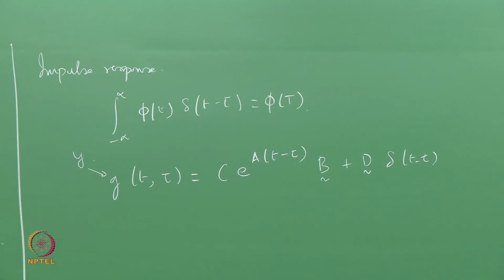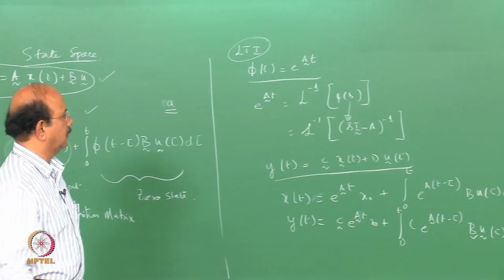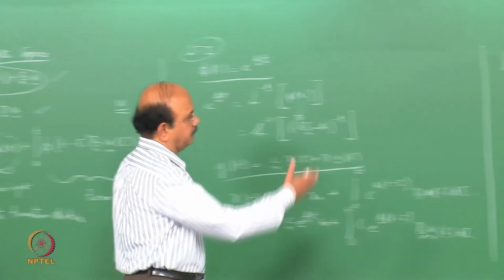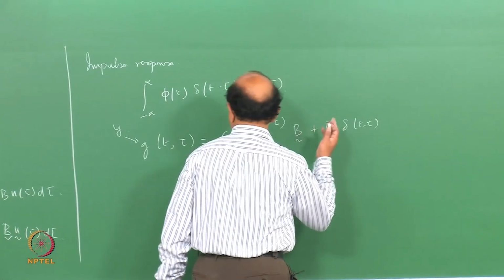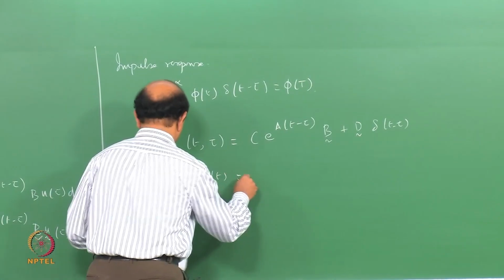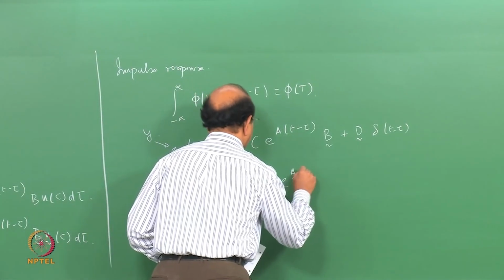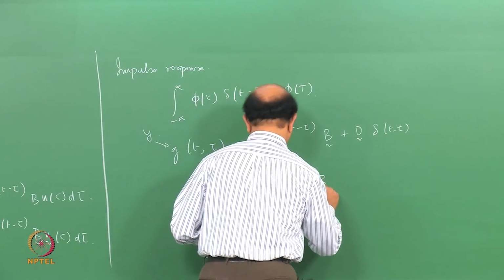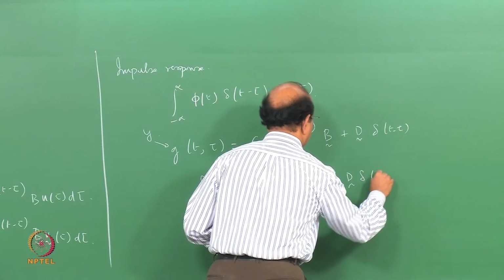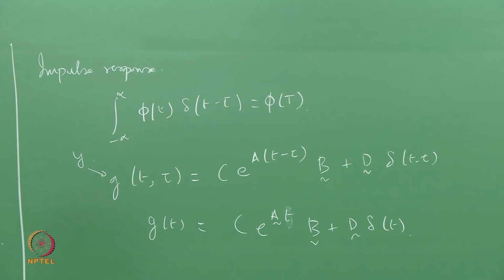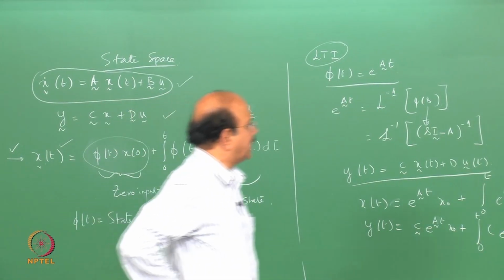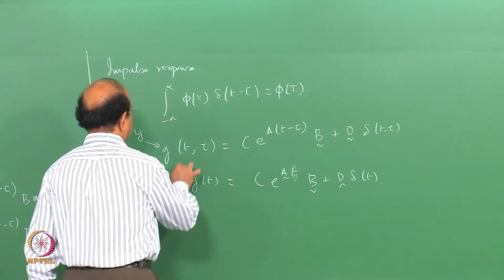From y I determined that expression, and then I write that as g. Now by a change of variable I can write that down. So that is the impulse response of the system.